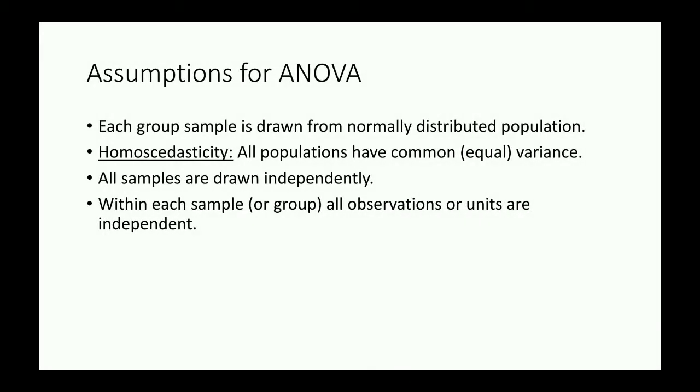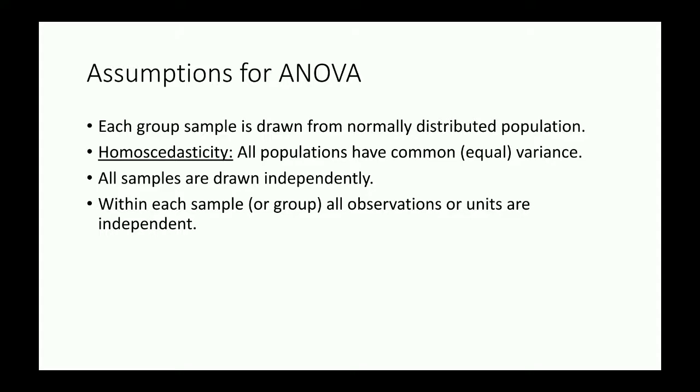The assumptions of ANOVA are very important. If these assumptions are not fulfilled, or not taken care of, the results may not be correct. Sometimes the results may not be produced at all. First, each group sample is drawn from a normally distributed population. Whatever data you are drawing from the populations, those populations should be normally distributed.